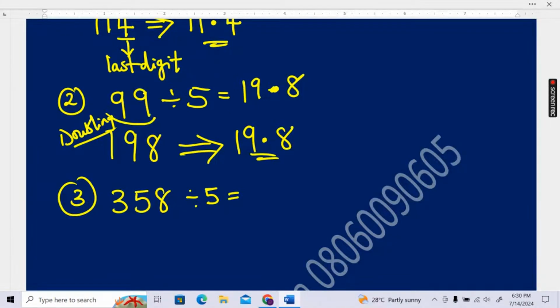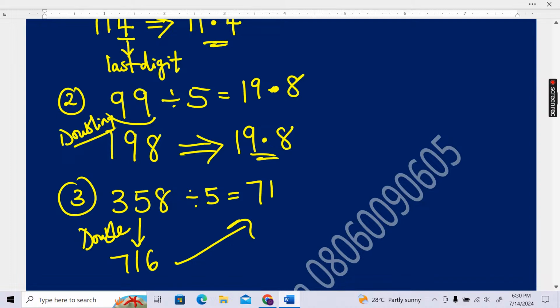Yes, I was able to do that in my head. 358 doubled is 716. Then introduce the decimal point before the last digit. That will be 71.6. So 358 divided by 5 is equal to 71.6.